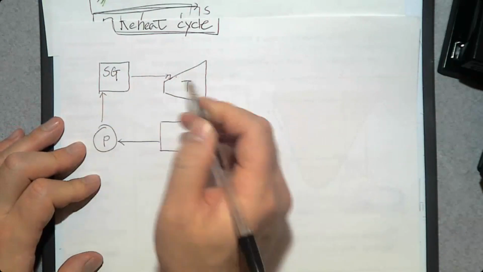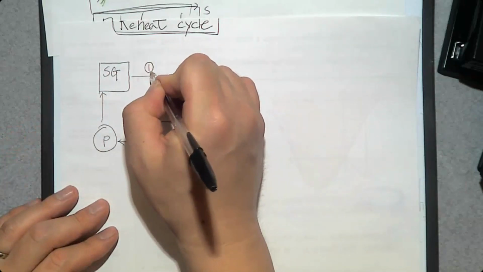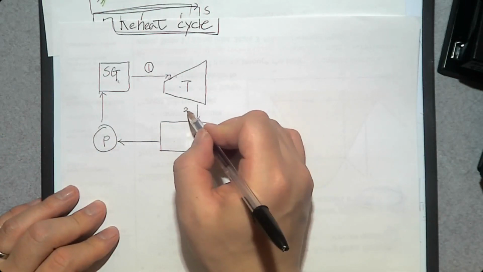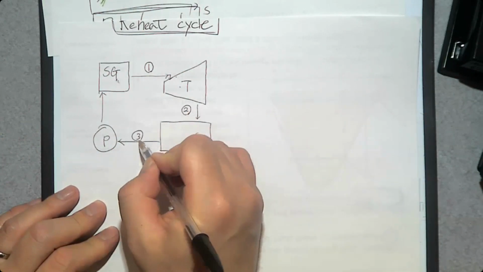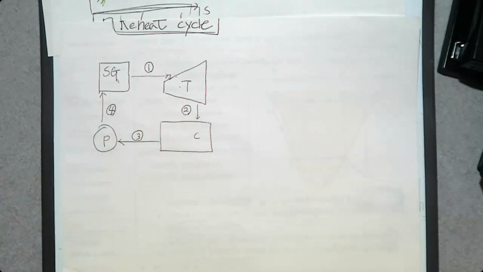P goes back here. So we have state number one, the exit of the steam generator and the inlet of the turbine. Number two, number three, and number four. So there are 4 stages.